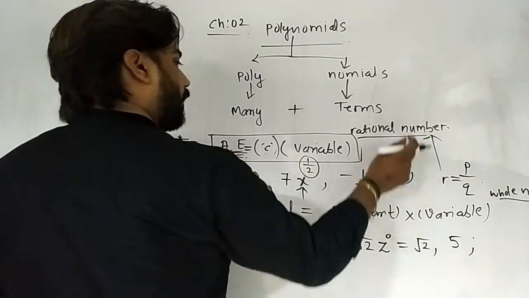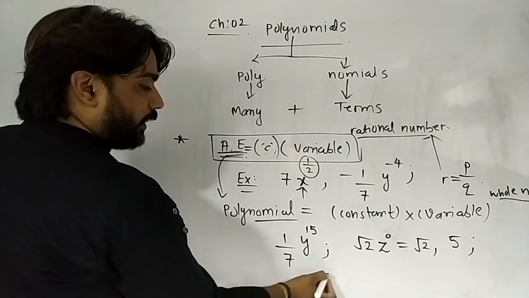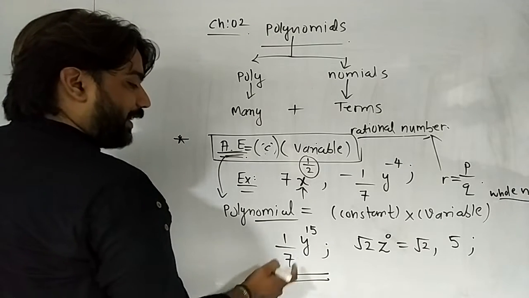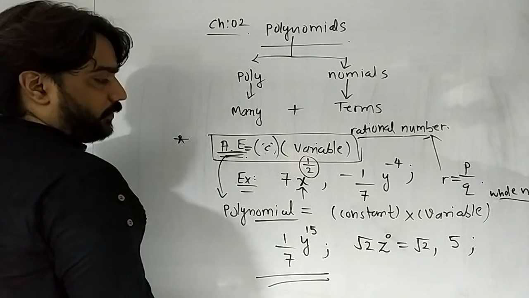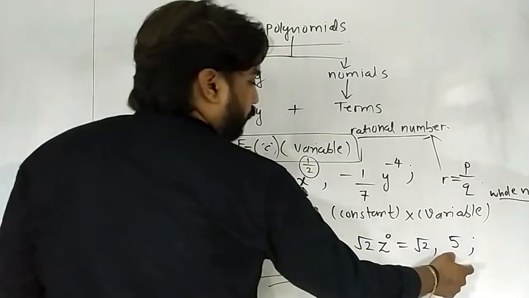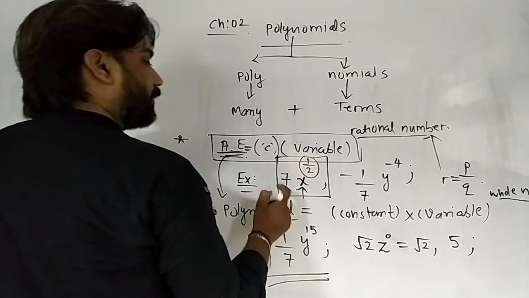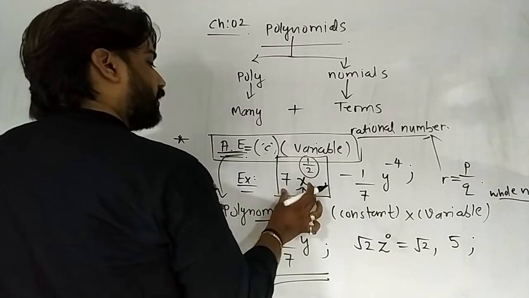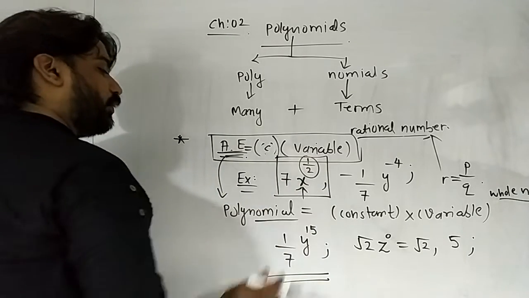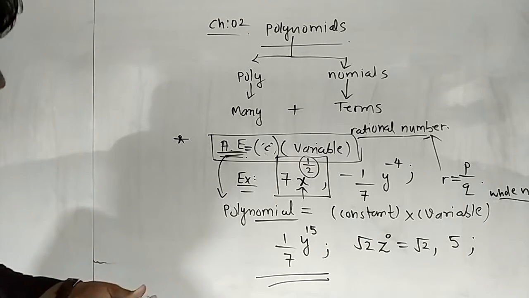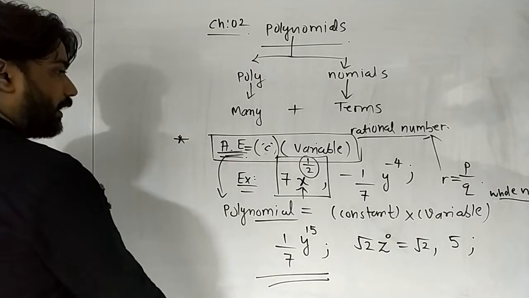But if it is a whole number, then this is a polynomial as well as an algebraic expression. So every polynomial is an algebraic expression, but every algebraic expression is not a polynomial. 7x raised to 1/2 is an algebraic expression, but this is not a polynomial. So these are the basic things that we have learned.